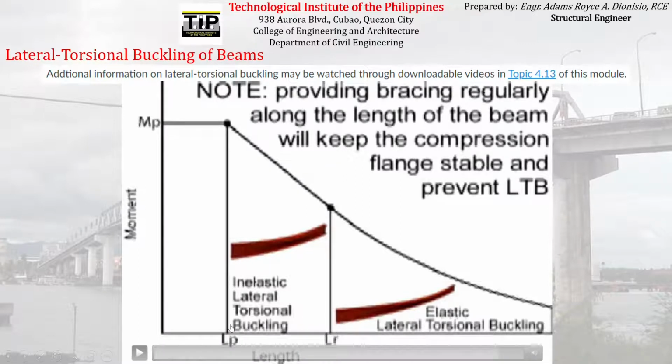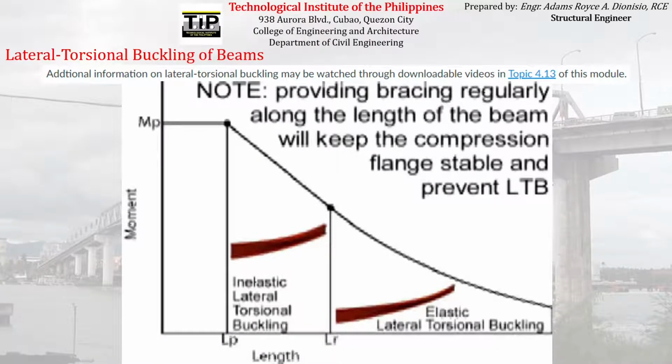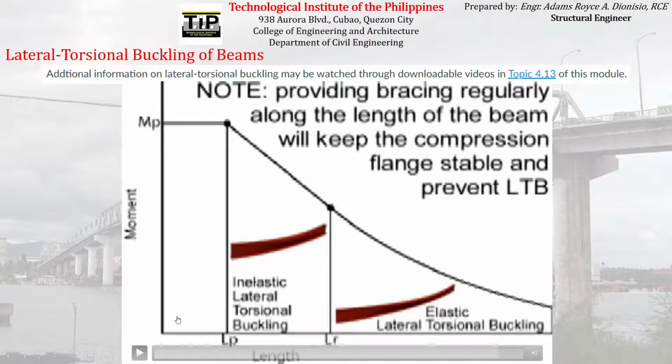So, kung gusto mo mapigilan yung lateral torsional buckling ng beam, might as well just ensure na yung spacing ng bracing mo ay from 0 to LP. Kung ano man yung magnitude ng LP na usually kino-compute natin yan. Okay? So kung yung spacing ng mga bracing mo ay hindi lalagpas sa LP, you can ensure na it will prevent lateral torsional buckling.